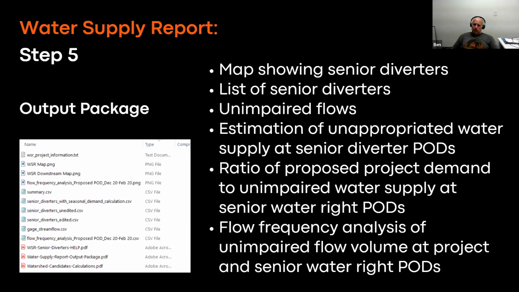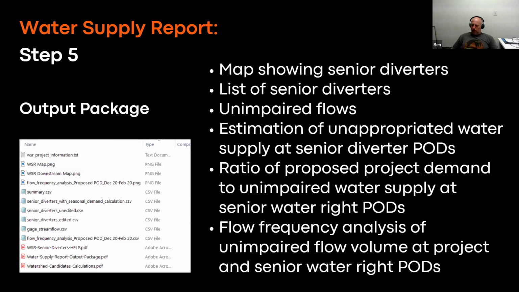So for the purposes of the water supply report, that's essentially the end of the road for how you interact with the tool itself. The next step past uploading the senior diverters is exporting the outputs of the analysis. The policy itself defines a whole bunch of requirements that need to be included along with an application.